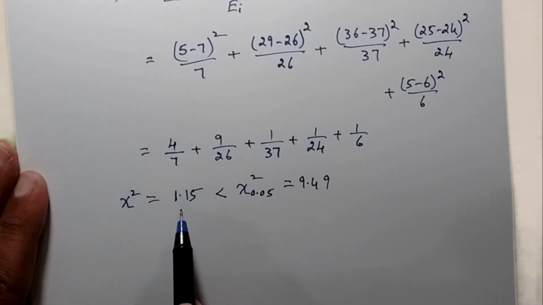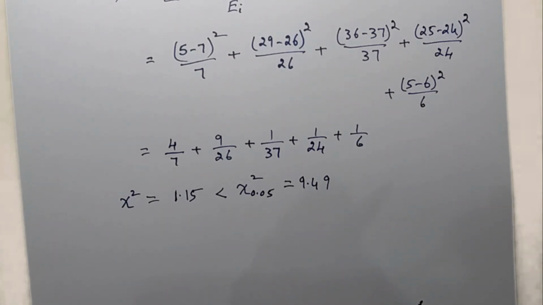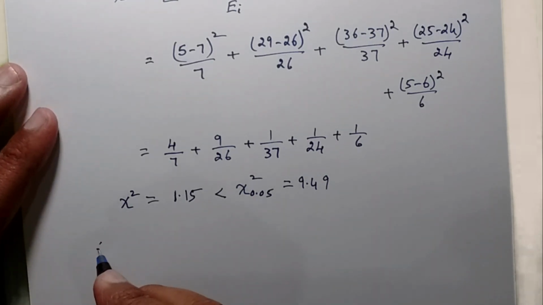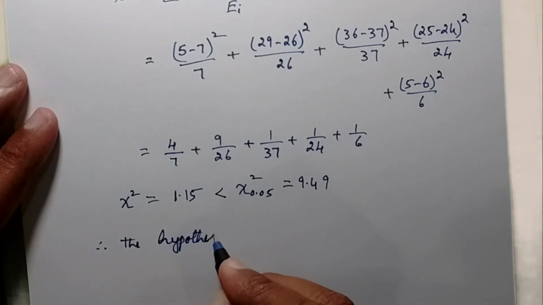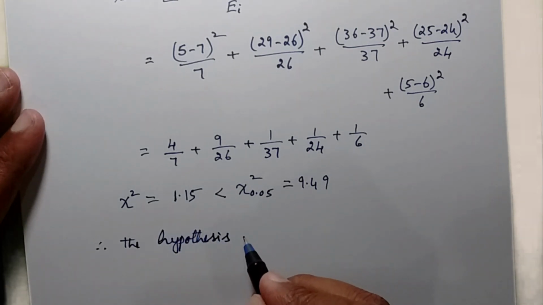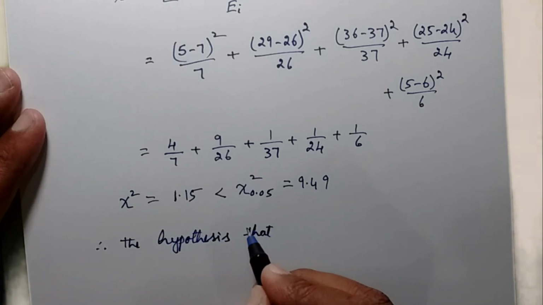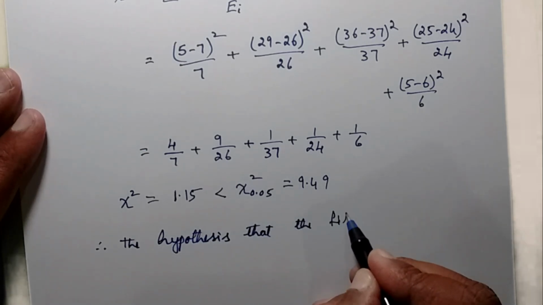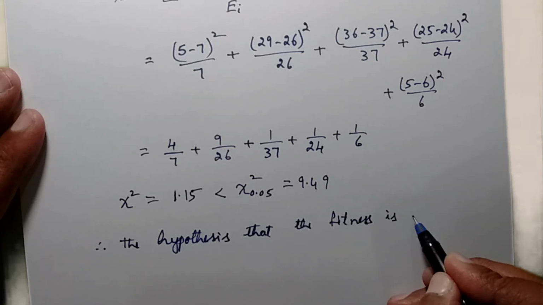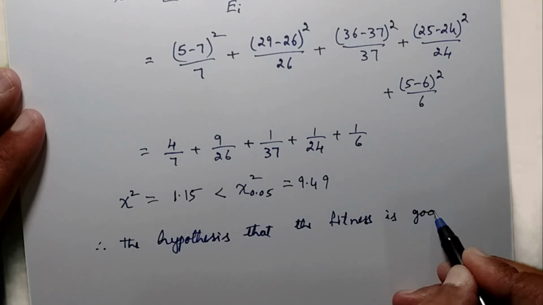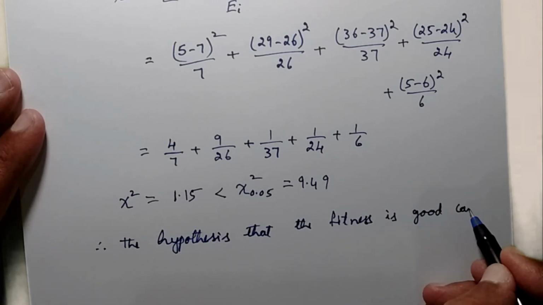So whenever the solution that we have got is less than the given value, we say that we accept the hypothesis. So here we are talking about the hypothesis of goodness of fit. Therefore, we can say that the hypothesis that the fitness is good can be accepted.